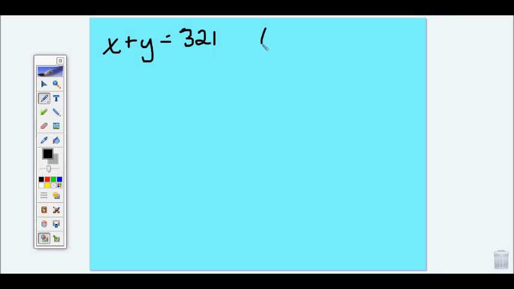And I have my 6x plus 4y equals my 1,590. So we're going to see that only one solution is going to be right for that day. We're saying all the different possibilities, but the intersecting point is what actually happened for that day.